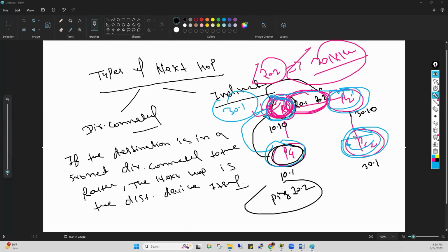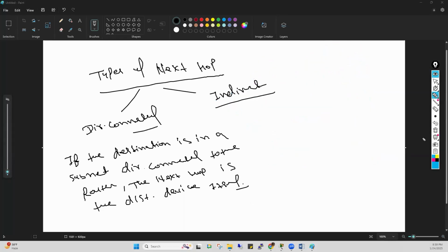First one is called directly connected, which means the destination you are trying to ping is a directly connected subnet on the router. In this case the next hop device is itself the destination. But if you want to ping from this PC to a PC belonging to a different network, the 30 network, this router needs to forward your packet towards the other router. That is called indirect next hop. Clear? Understand?